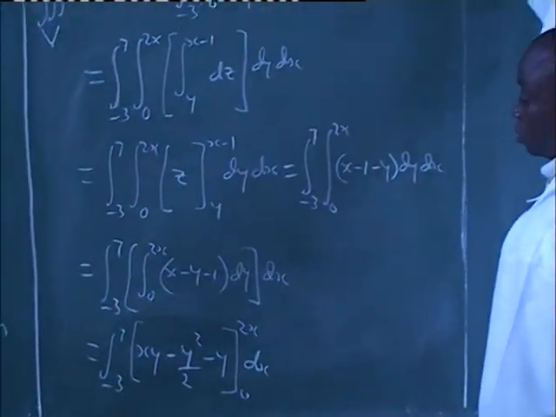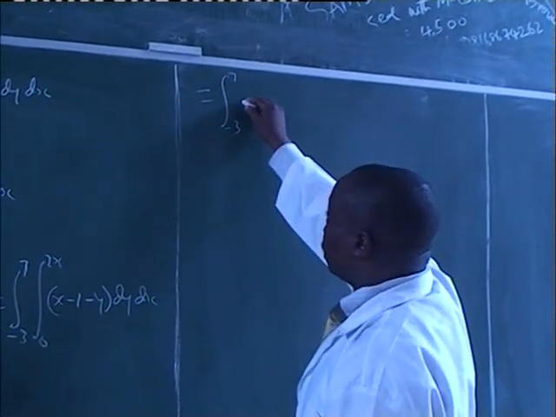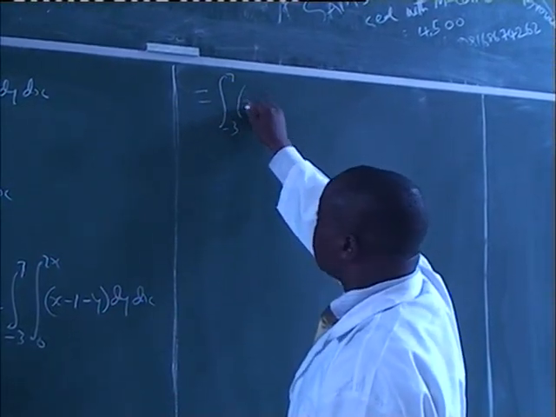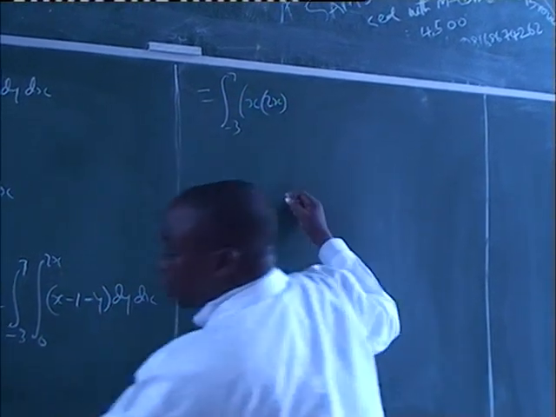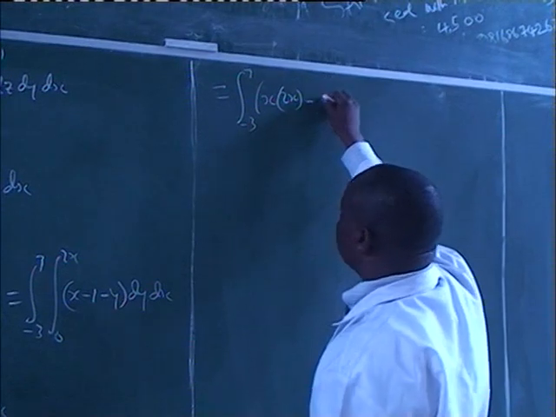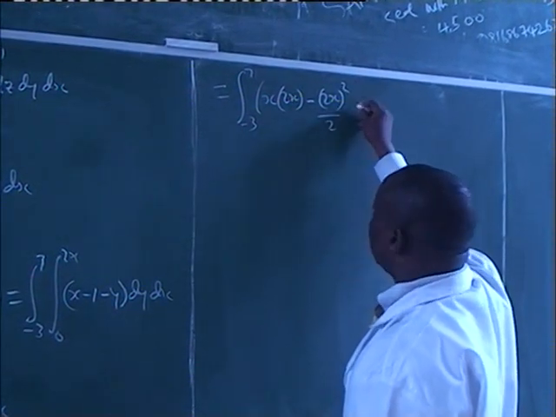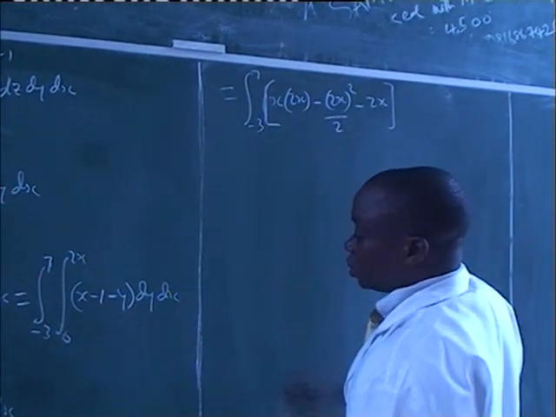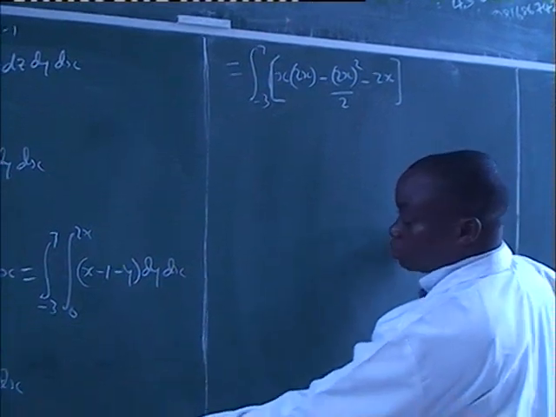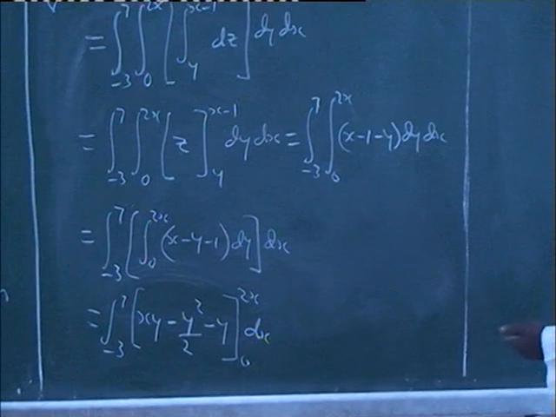We have from 7 to minus 3 for x, and then we have 2x in the place of y, minus 2x squared over 2, minus 2x. Then the lower limit will be 0, because we are supposed to put the upper and the lower, so we know the lower will be 0.